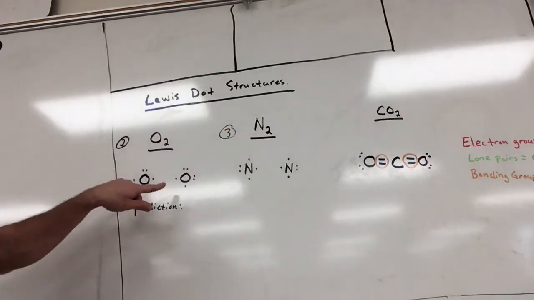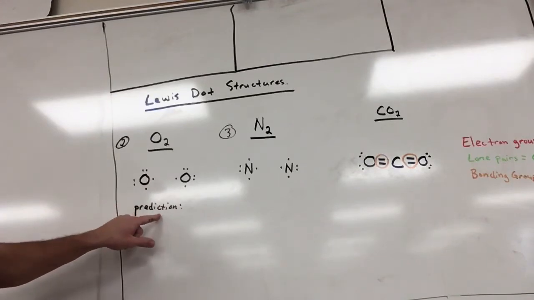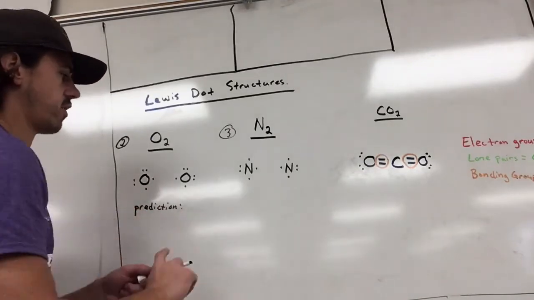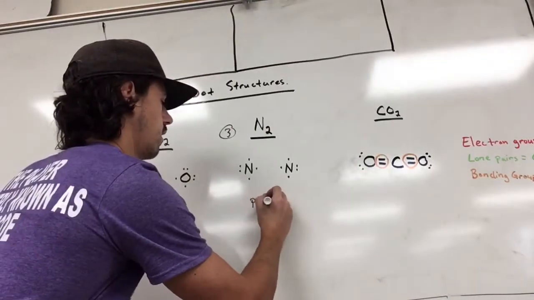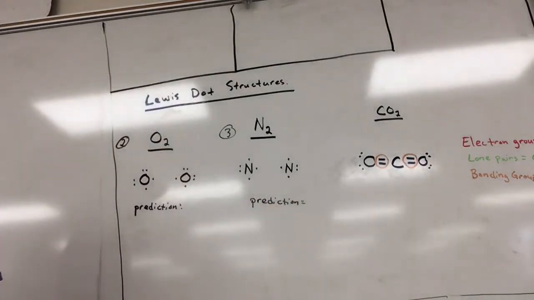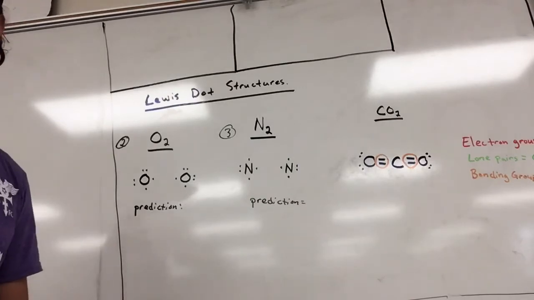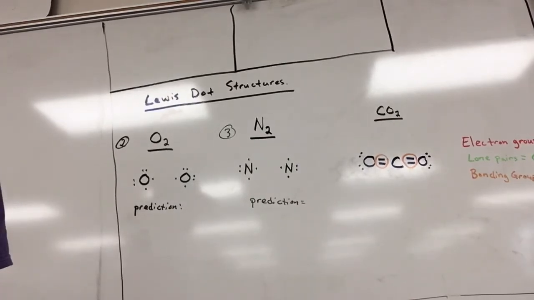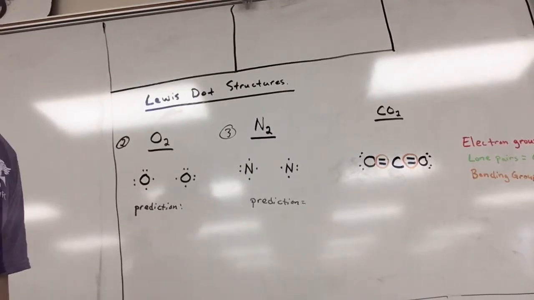So on this, you should have the Lewis dot structure and your prediction, then the Lewis dot structure and your prediction, and then we'll see what happens. So go ahead and make your predictions now, and then we'll go through and see what type of bonds they actually form.